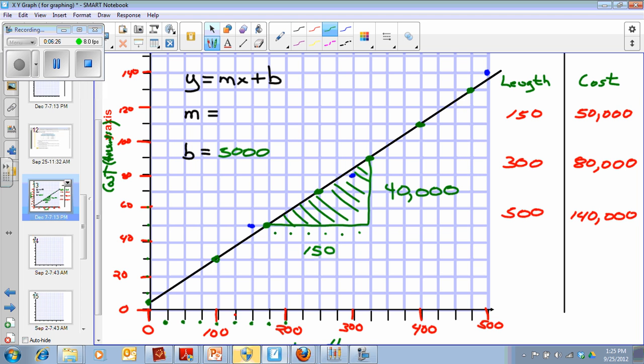Now my slope should be rise over run, so 40,000 all over 150. I should be able to take a 0 off of each one, and I'll let the students go ahead and reduce that, which would be 4,000 divided by 15, to get their slope. From that point, they should be able to generate their line equation.